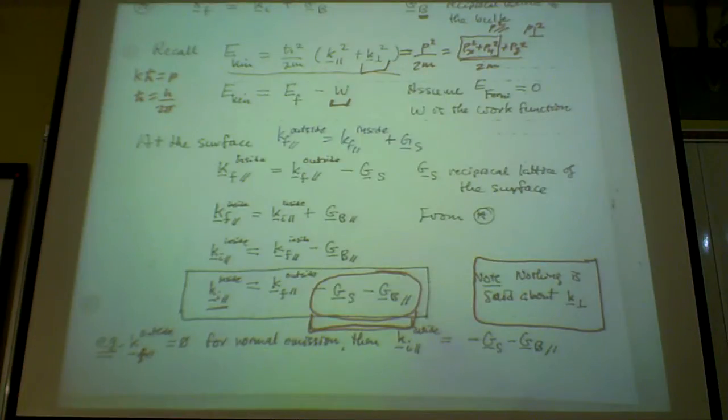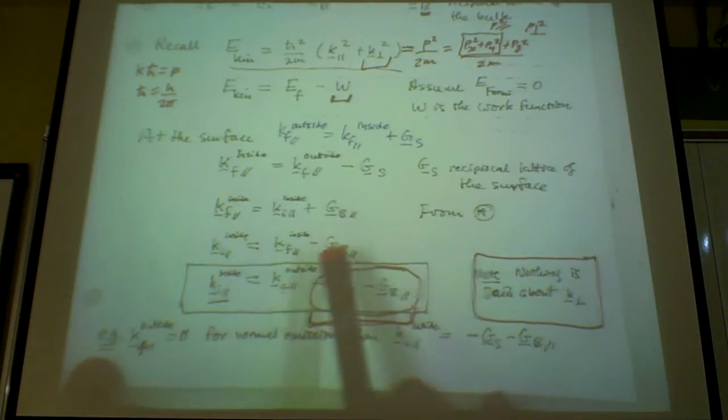Okay, so what is interesting is that this gives you a bit of the directional dependency of the symmetry, because you have to follow a rather unique symmetry rule, a conservation rule for the parallel component only.